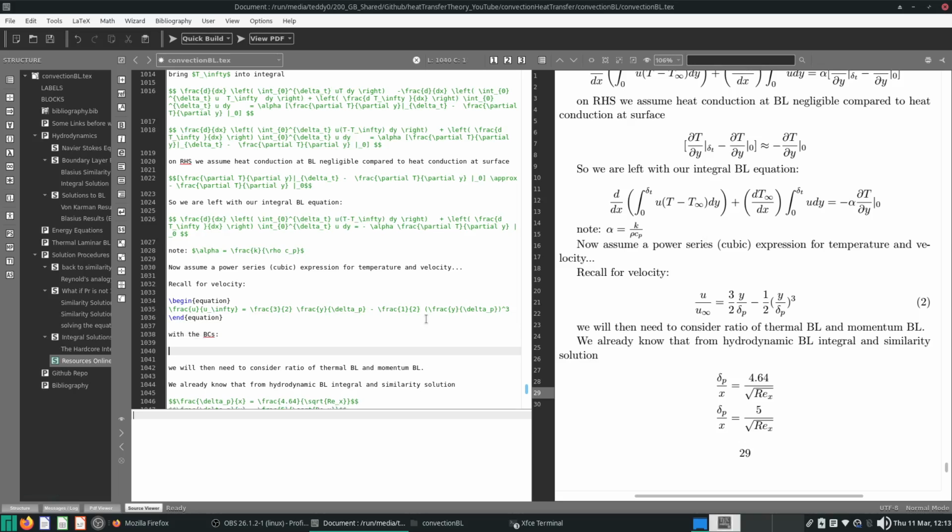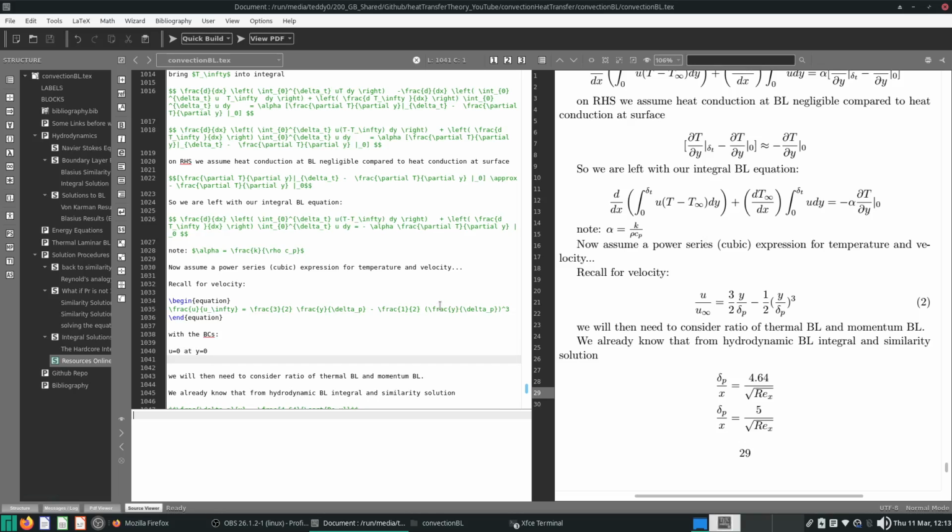First, u equals 0 at y equals 0. Next, u equals u infinity at y equals delta p.